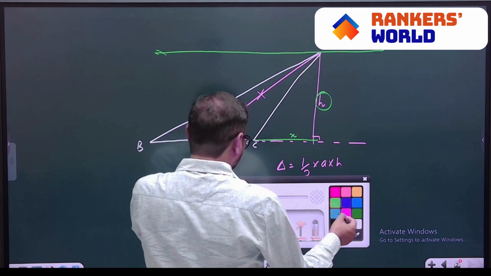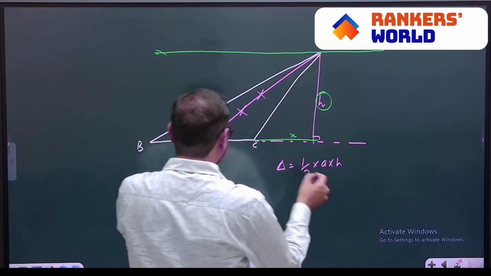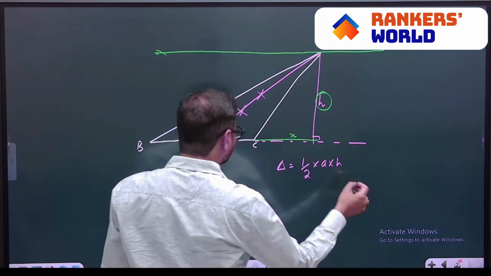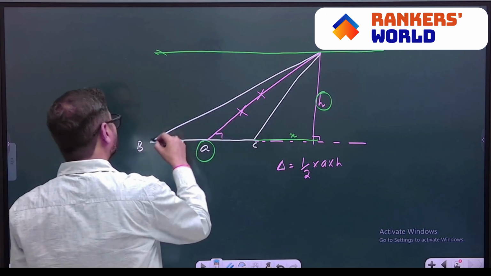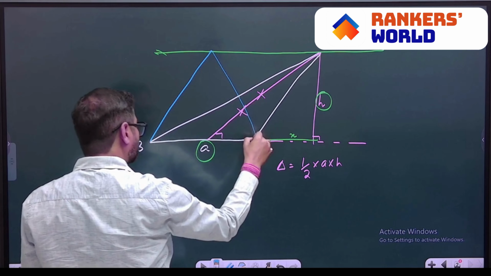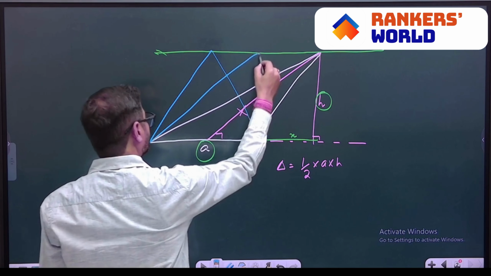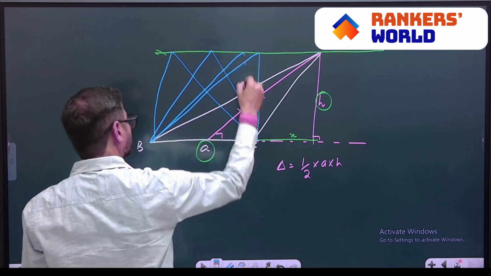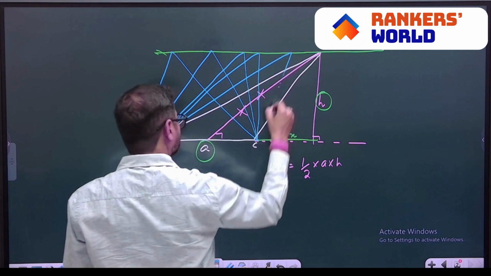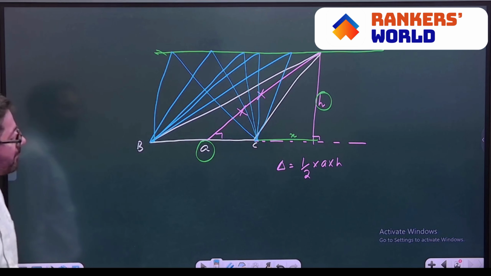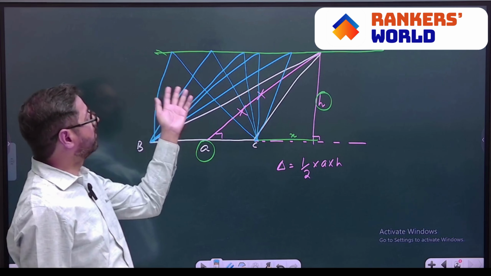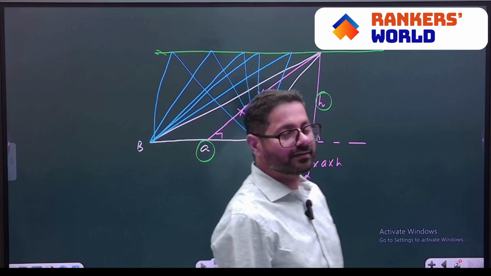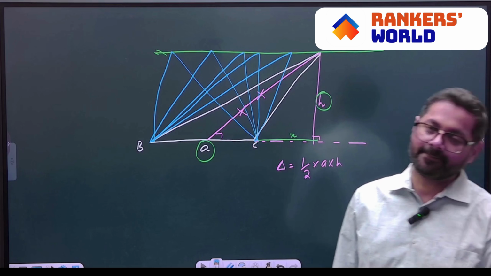Now if I start using this base value to create other triangles, I have created another 3-4 triangles here, and the area of all triangles is going to be the same.